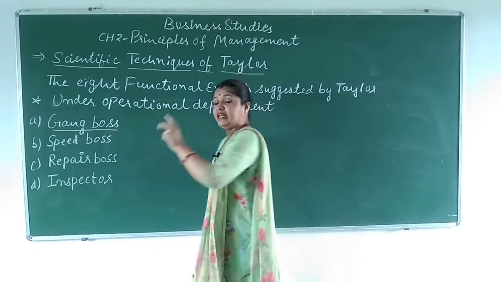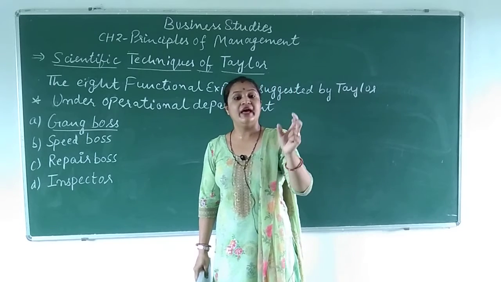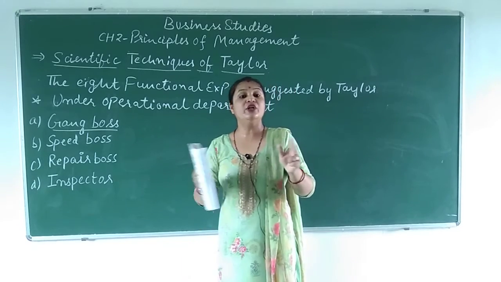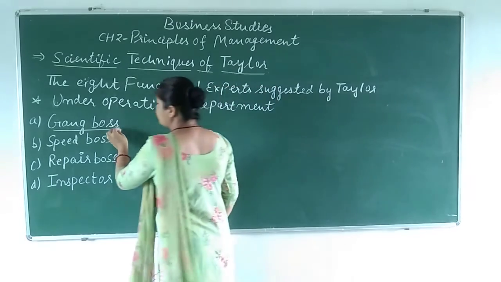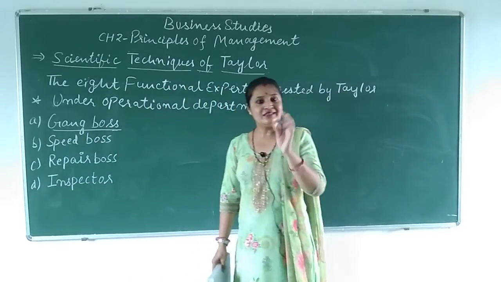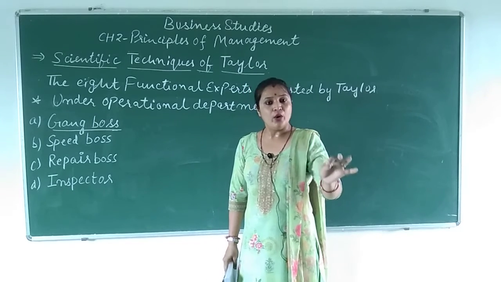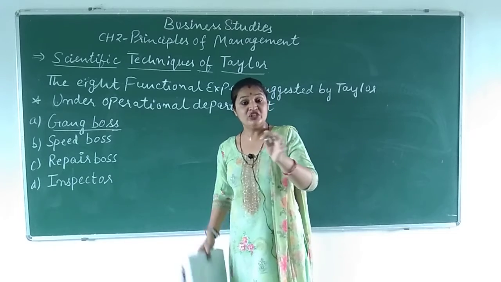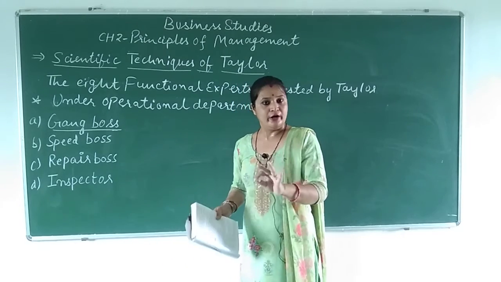He will check that each and every material is there or not before the workers come. There should be no delay in the work. That's why this foreman is there, to check each and every material required in the production.